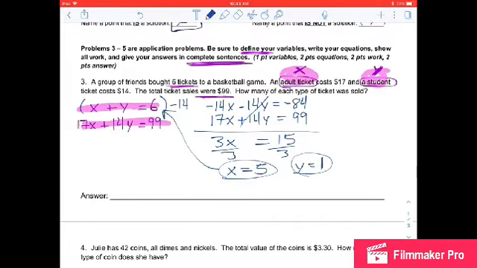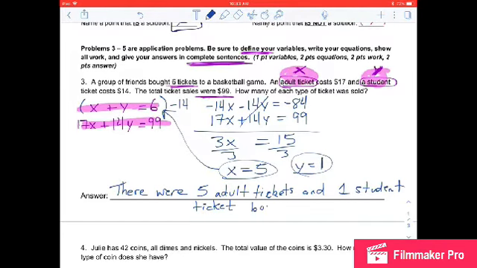So in my complete sentence or sentences, I can say there were 5 adult tickets and 1 student ticket bought.